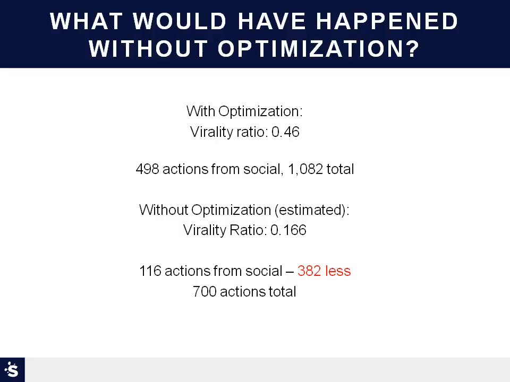In that case, instead of a virality ratio of 0.46, it might have only been 0.166, which meant instead of getting 500 actions from social, they would have had only 116, so almost 400 less. And so instead of crossing that threshold of a 1,000 signature petition, they might have only had 700, which, if you're trying to convince someone of the power behind a petition, crossing a big round number like that can make a big difference.